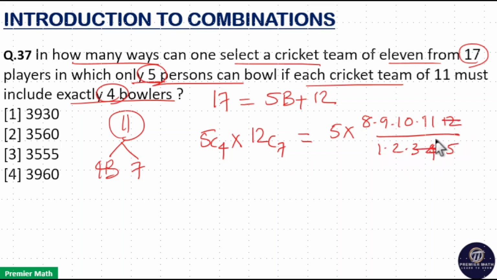Now 3 into 4, 12 cancel, 5 into 2, 10 cancel, remaining is 8 into 5, 40. 40 into 9, 360. 360 into 11 means 36 into 11 is 396. So 3960. Option 4 is your answer.